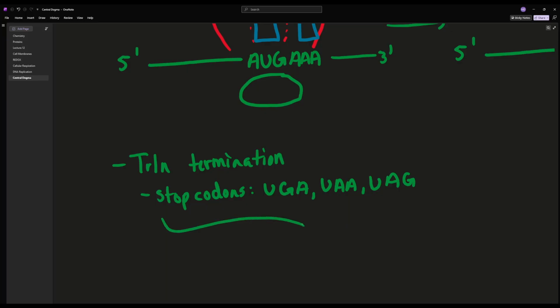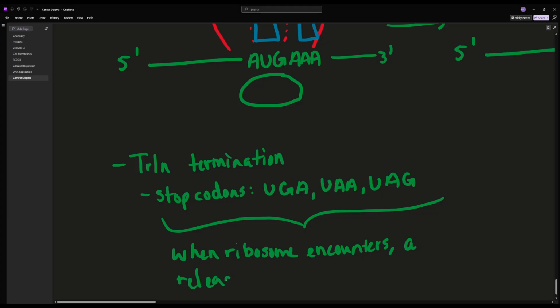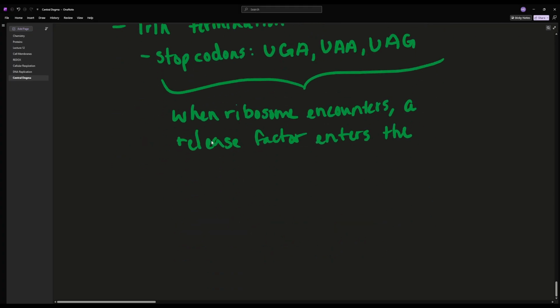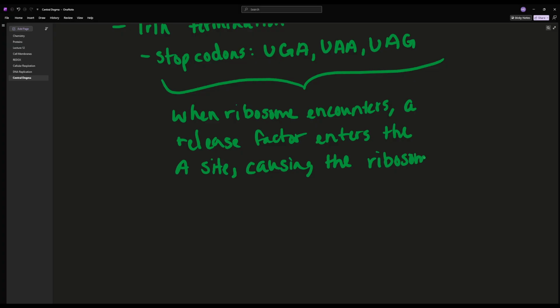Okay. When the ribosome encounters these, a release factor protein enters the A site, causing the ribosome to disassemble.